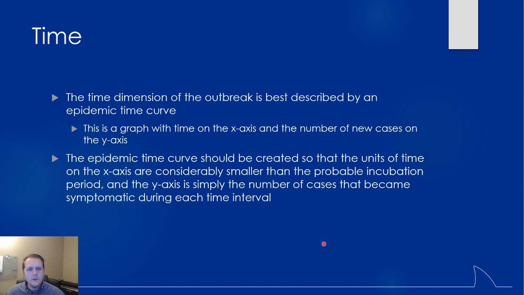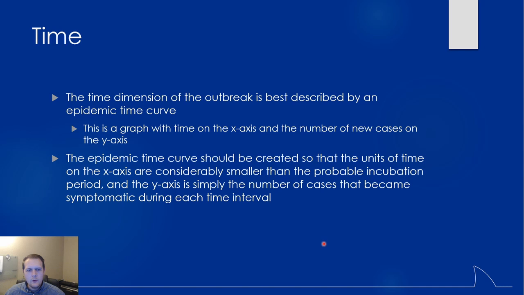Time is going to be important here as well, because time will help you determine when exposures might have happened, and typically you're going to be graphing these out where time is on the x-axis and new cases are on the y-axis. That can really give you an idea of how these things are spreading and where it's starting. I'll give you some different examples of how we can investigate those.